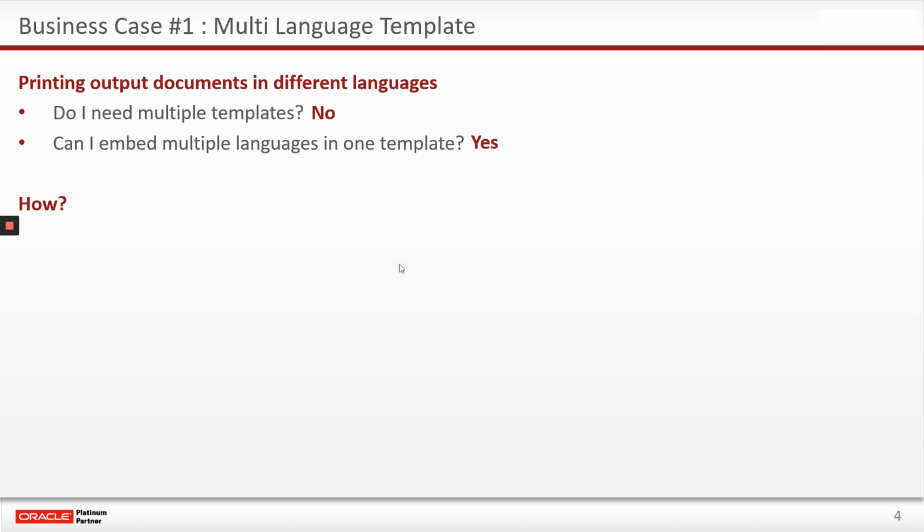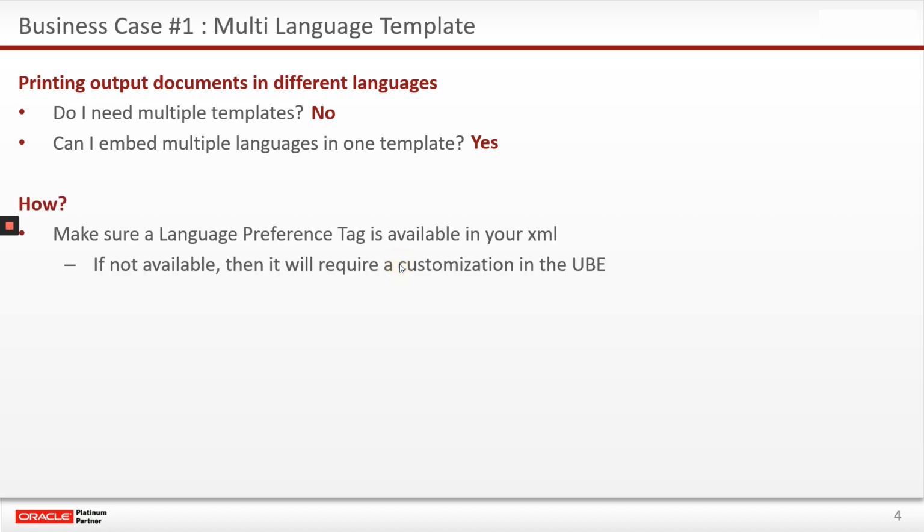How can we do that, right? Well, the first prerequisite is that we need the language preference from, for example, our customer available in the XML file. That's really crucial because that field we will use for determining, or for driving, the language selection.